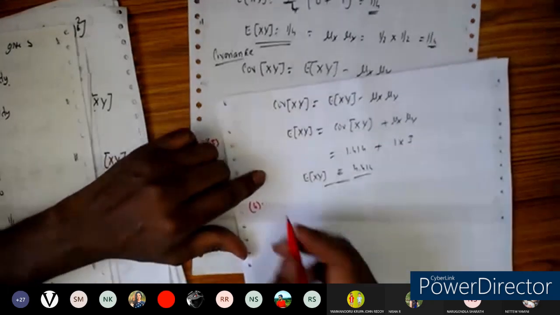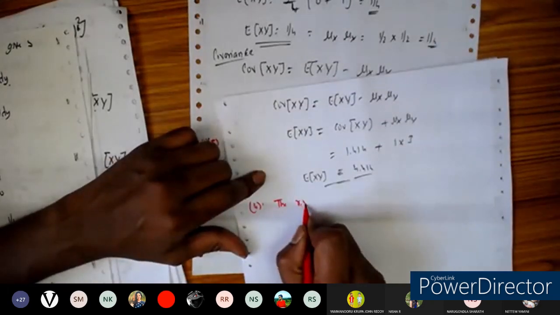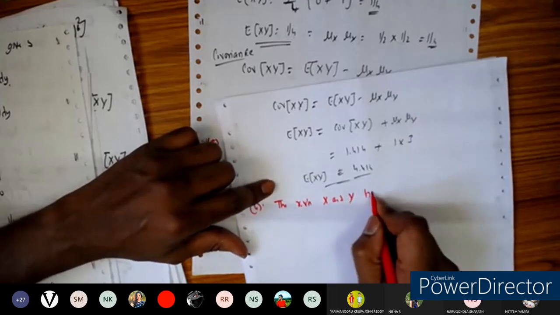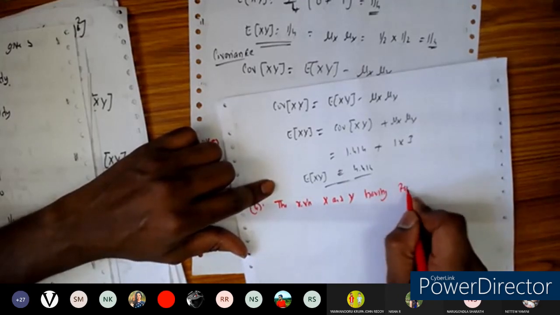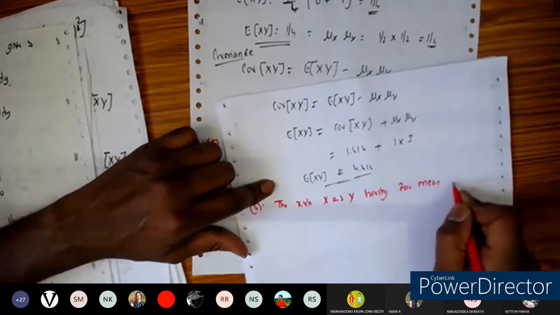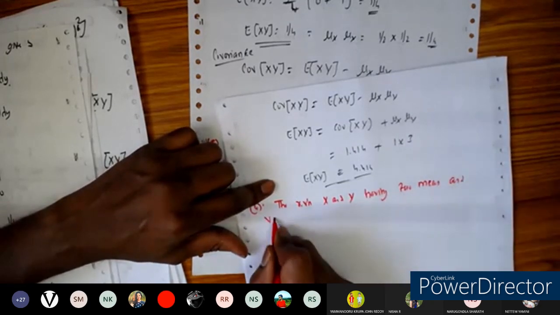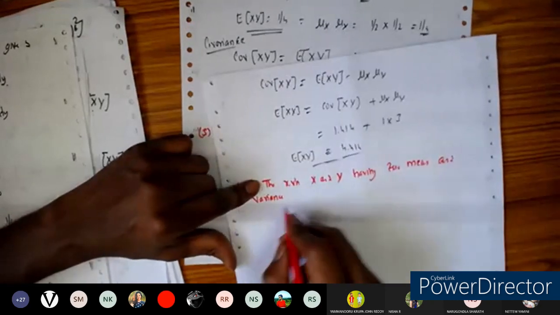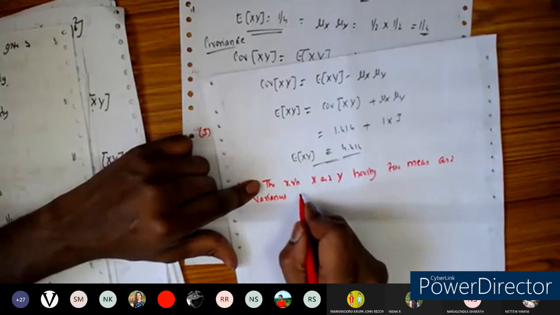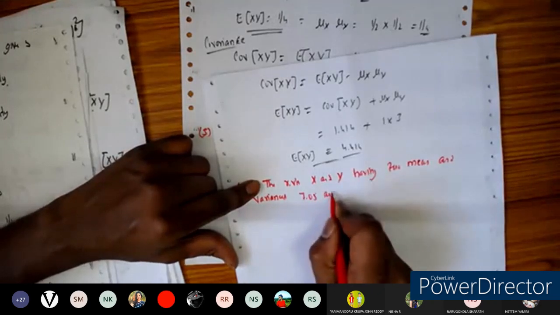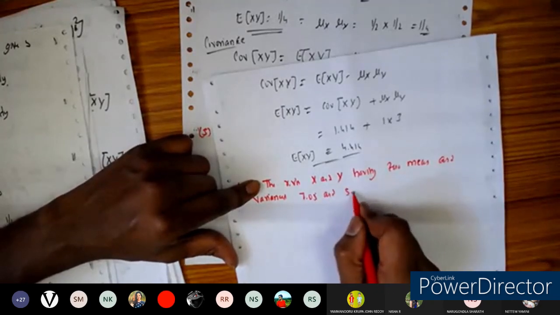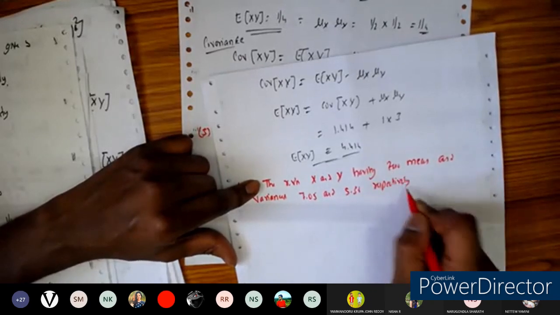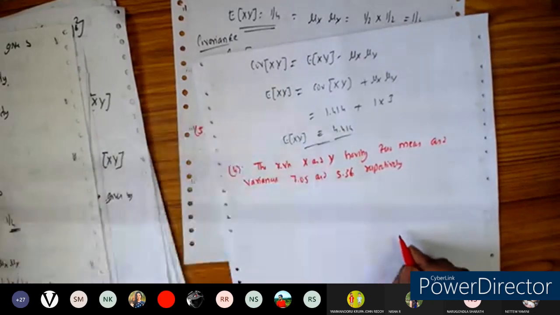The random variables X and Y having zero mean and variances 7.05 and 5.36 respectively.